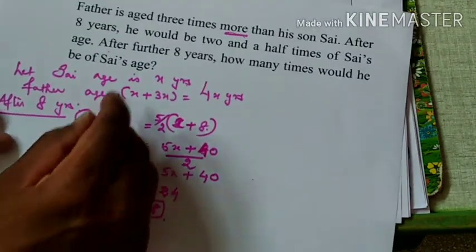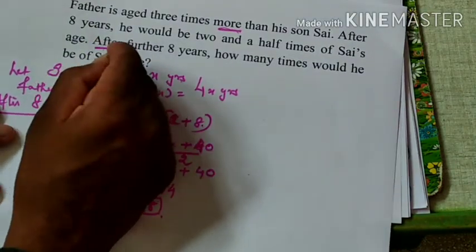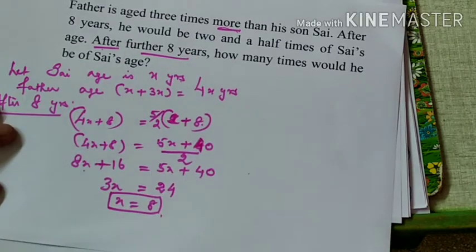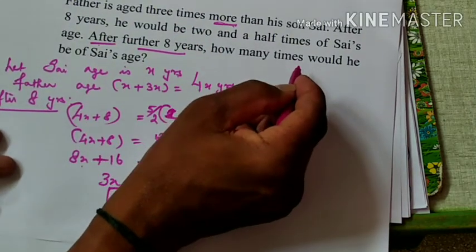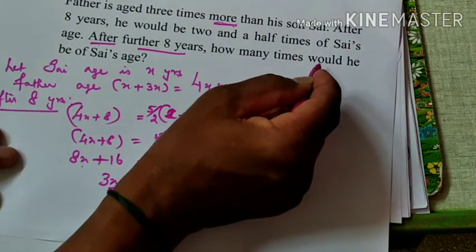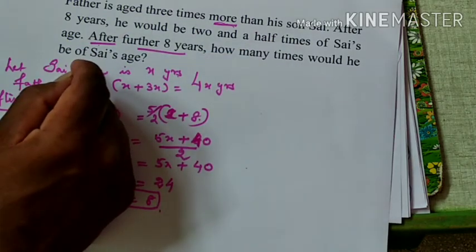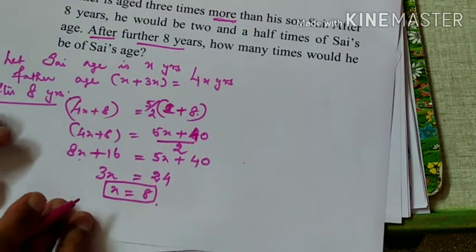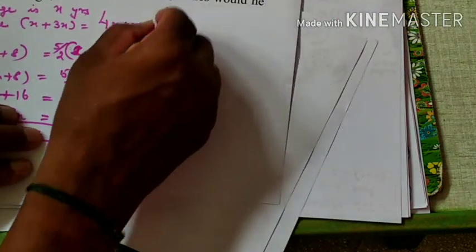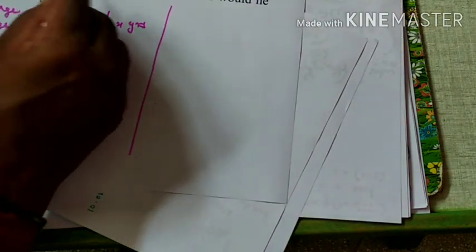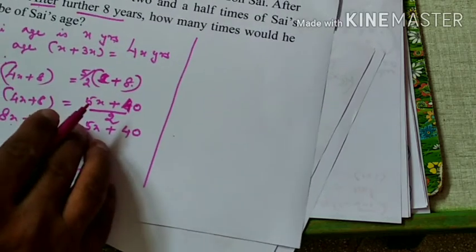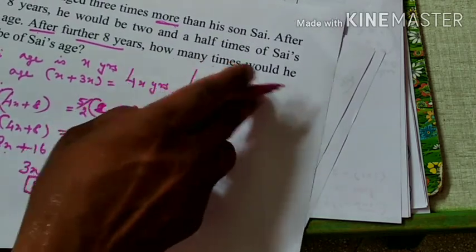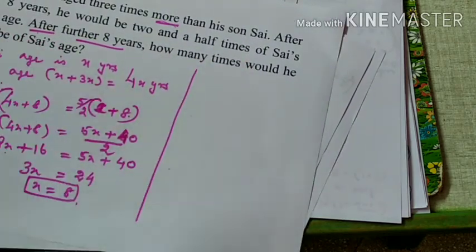Again read the problem. After a further 8 years, how many times would it be Soy's age? Again after 8 years. What is happening here? After a further 8 years, how many times would it be Soy's age?